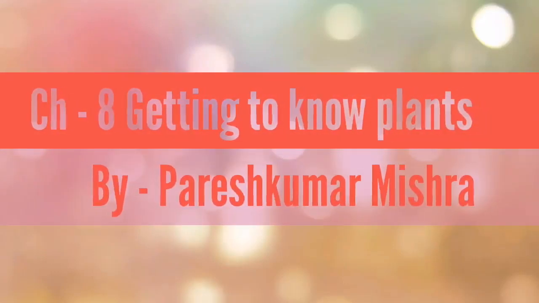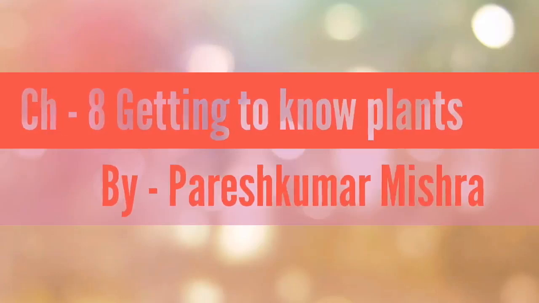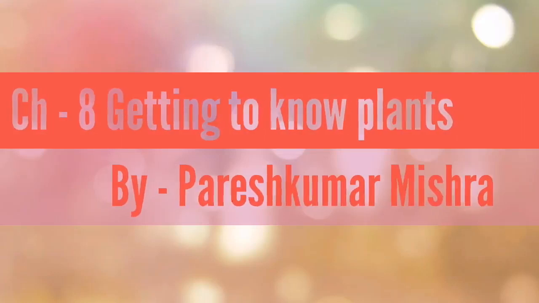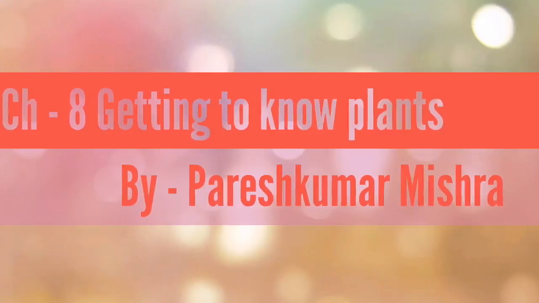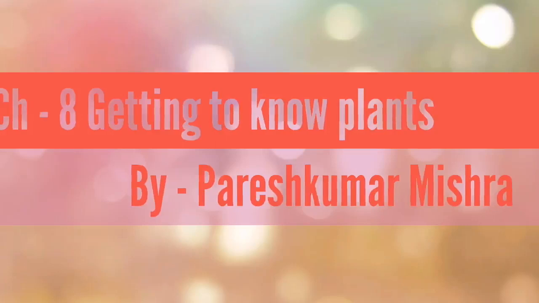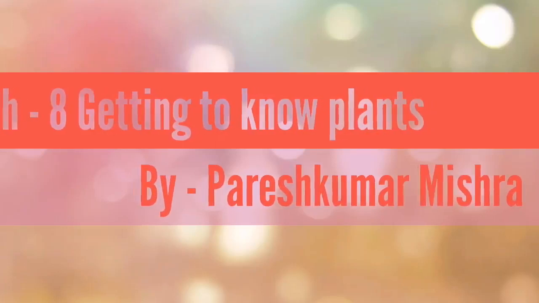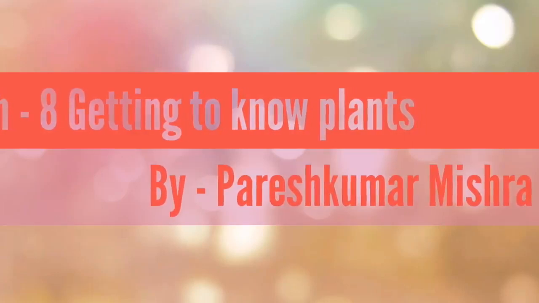Welcome back to the second part of Chapter 8, Getting to Know Plants. In this chapter, you have learned the root system and shoot system. In the first video, you learned about taproot, fibrous root, functions, and modification.